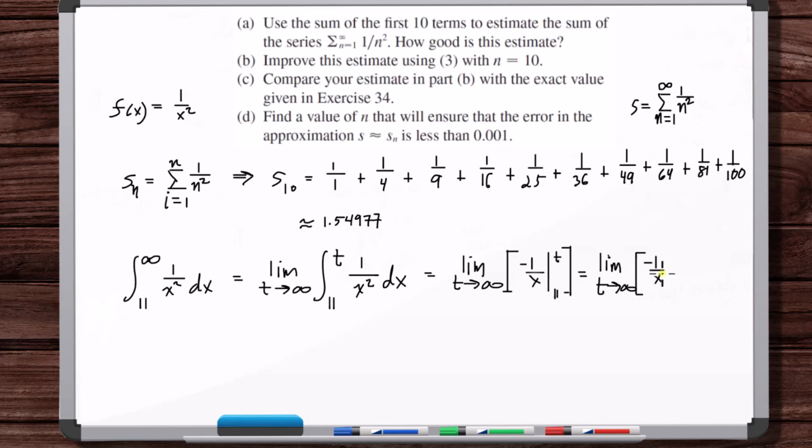So minus 1 over t plus 1 over 11. Oh, no, we've got to input the t.